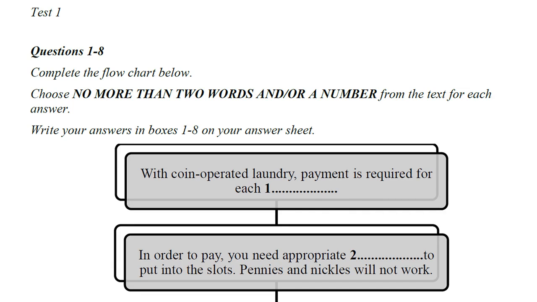Questions 1 to 8. Complete the flowchart below. Choose no more than 2 words and or a number from the text for each answer. Write your answers in boxes 1 to 8 on your answer sheet. Okay, so when the instructions say write no more than 2 words and or a number, it's almost for sure that at least 1 or 2 of these answers will require 2 words and or a number.